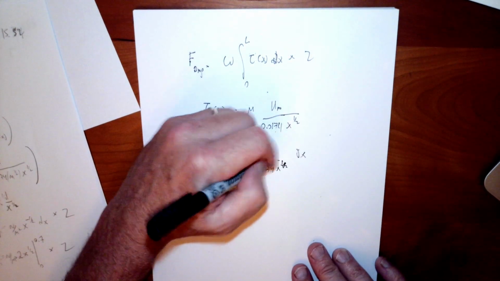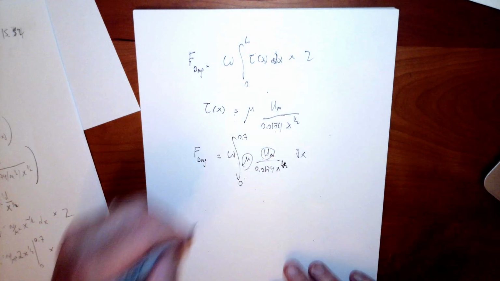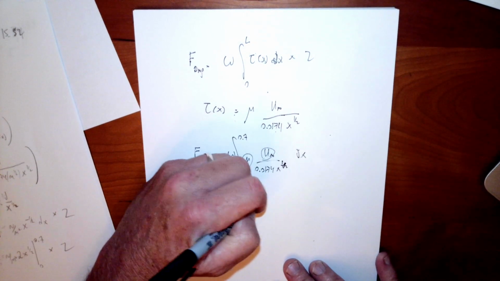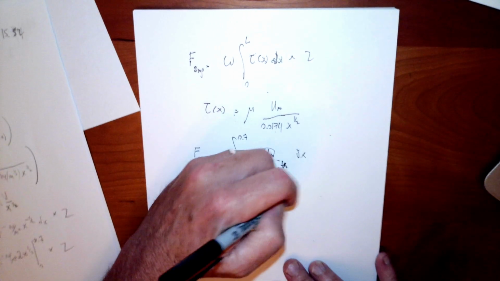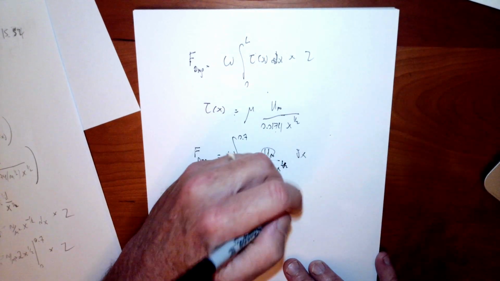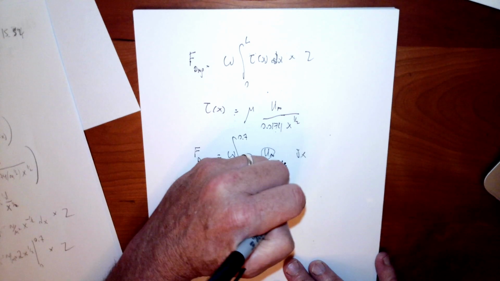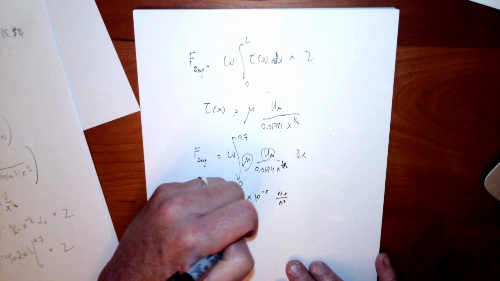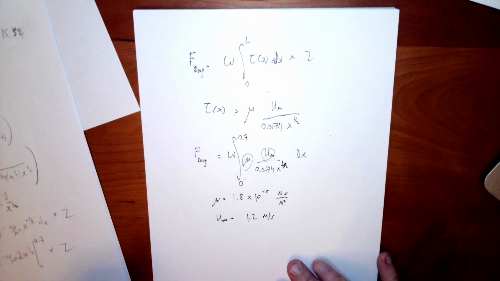I know mu and I know u infinity, right? Mu, I can look up at standard temperature and pressure. It's 1.8 times 10 to the minus fifth Newton seconds per meter squared. And u infinity is equal to 1.2 meters per second because we said that earlier.